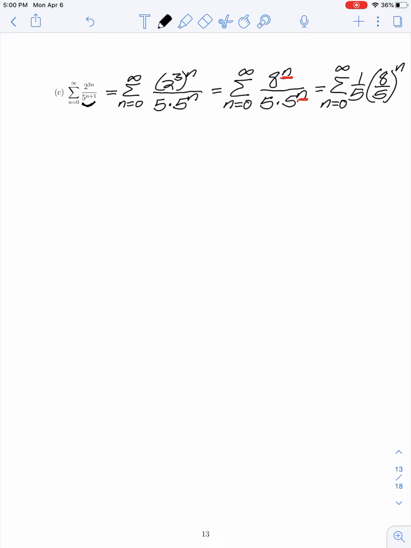So this now has the standard form for a geometric series where our constant a is 1/5 and the ratio r is 8/5. So to determine convergence or divergence of this series, we look at the absolute value of the ratio, which in this case is 8/5, and 8/5 is a ratio which is greater than 1.